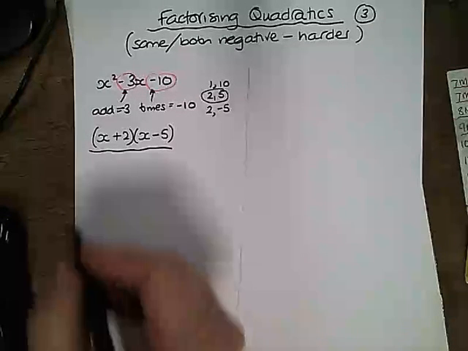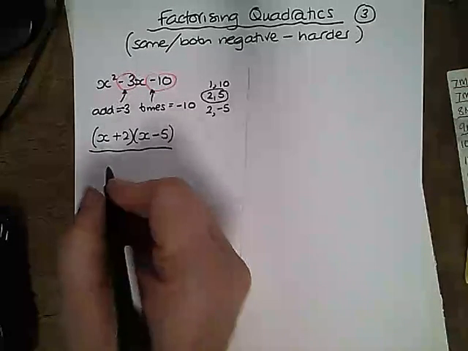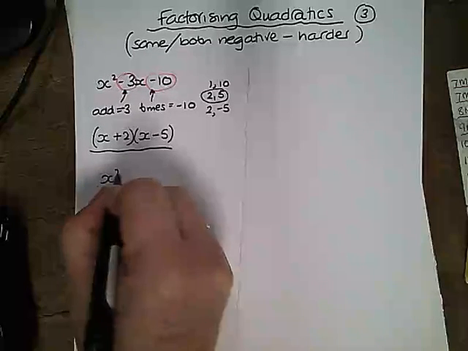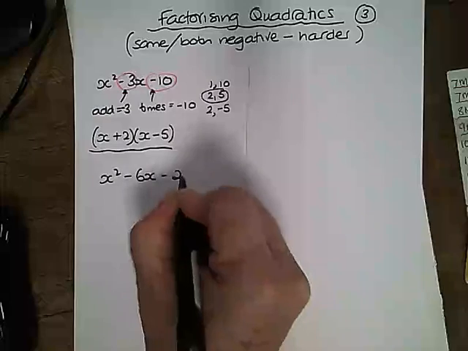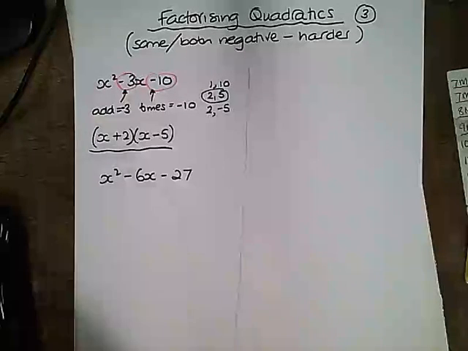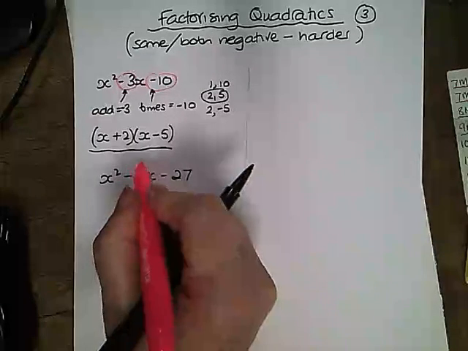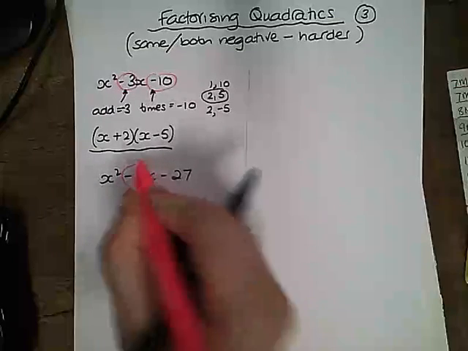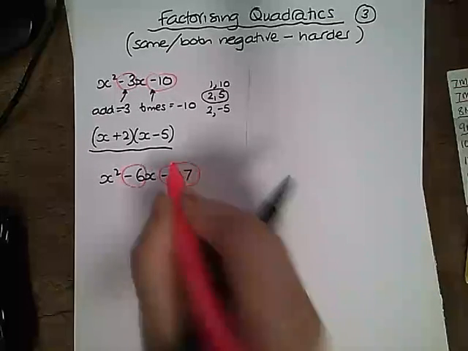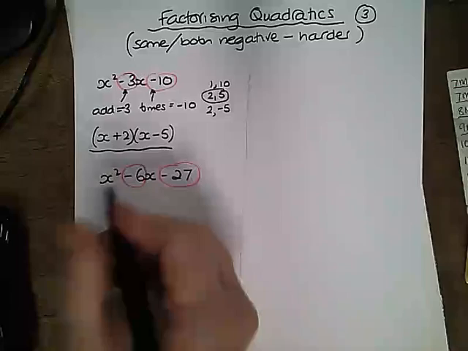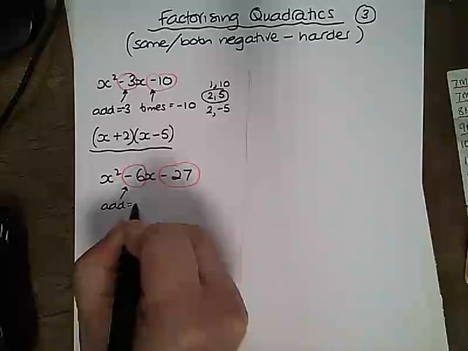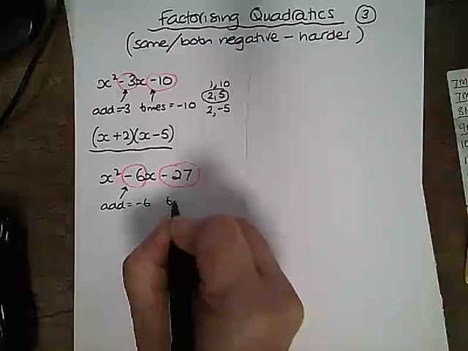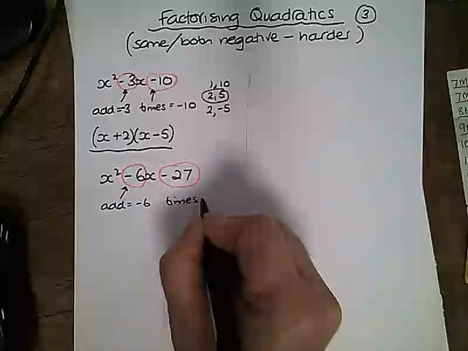Okay, and here's another one. If we have x squared minus 6x minus 27, it's actually helpful if I draw the circles in first of all, and then it focuses on what the signs need to be. So they need to add to give negative 6 and times to give negative 27.